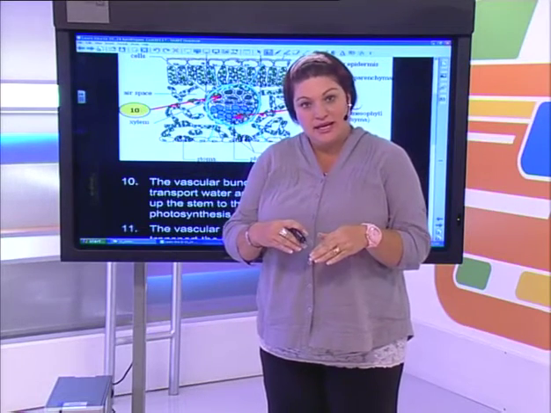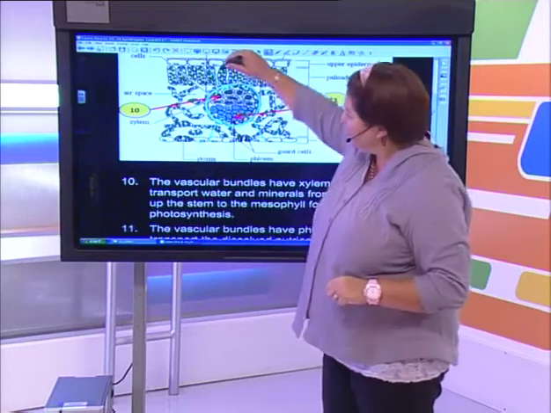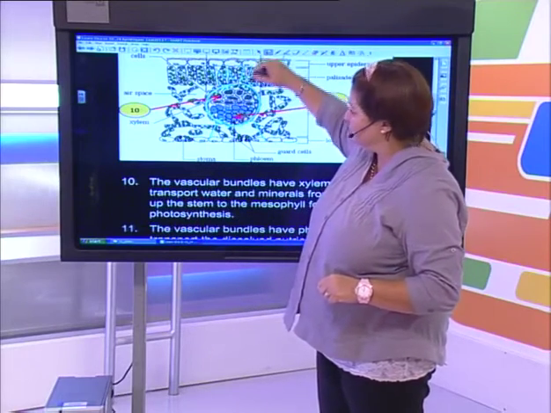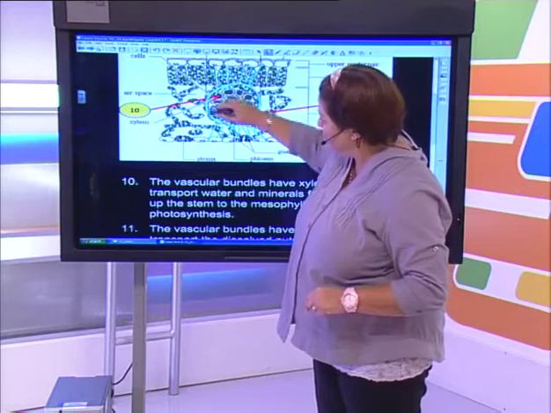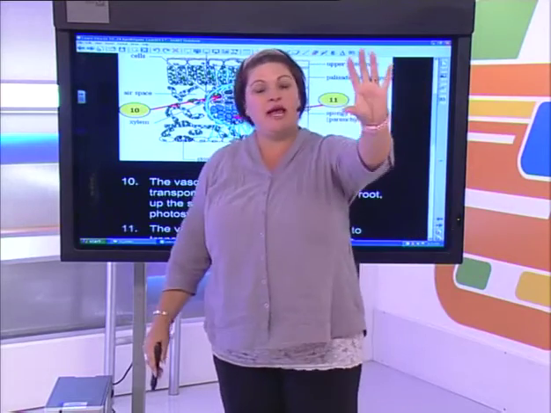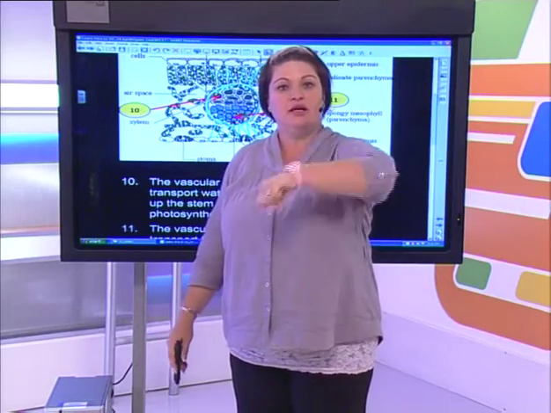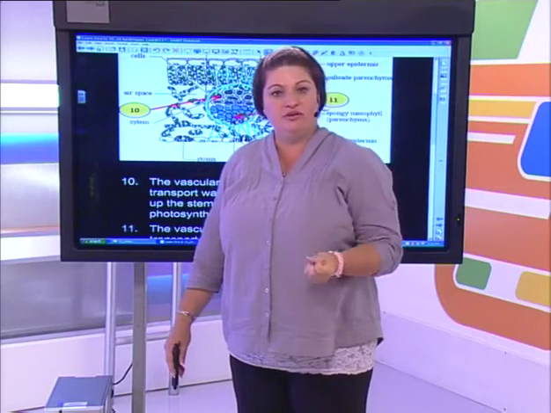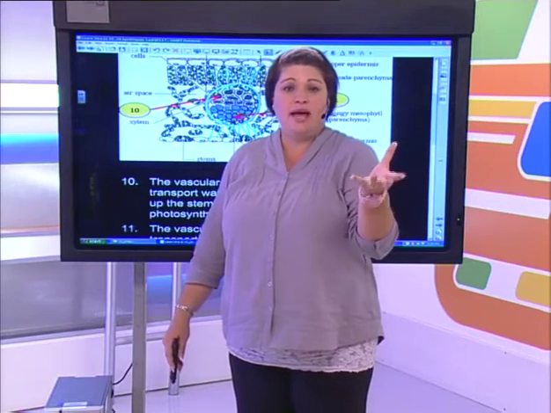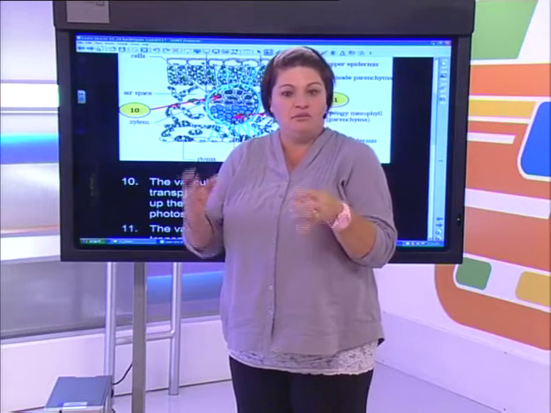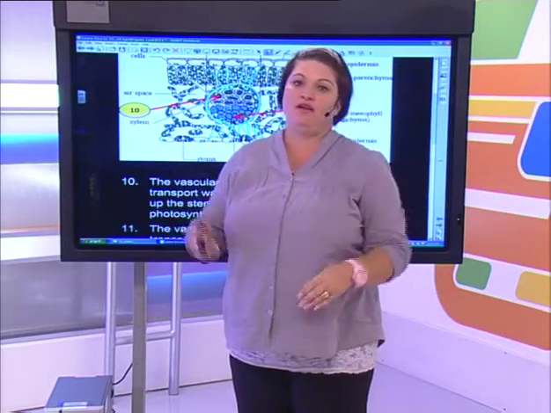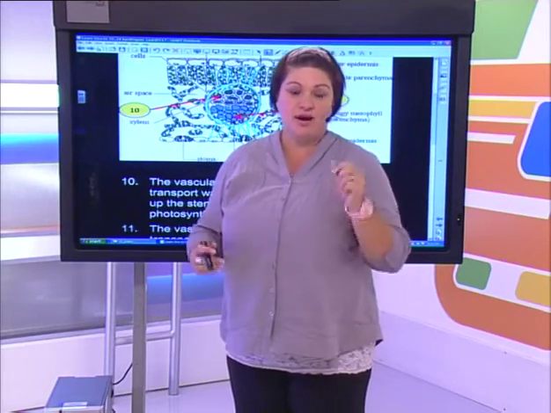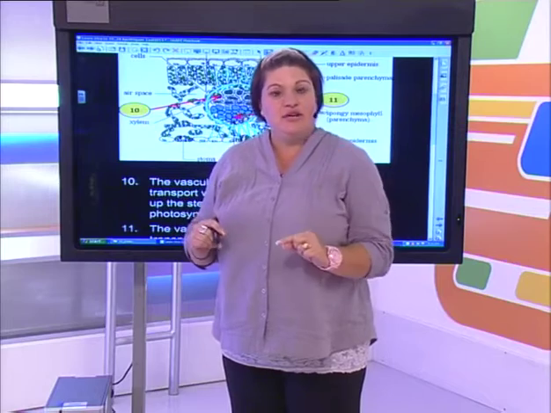It mustn't collapse. Imagine if your blood vessel collapses. Can your blood get through? No. So what happens if a plant's xylem and phloem were to collapse? Then it wouldn't be able to get water up and food wouldn't be able to go down. So we need strengthening.